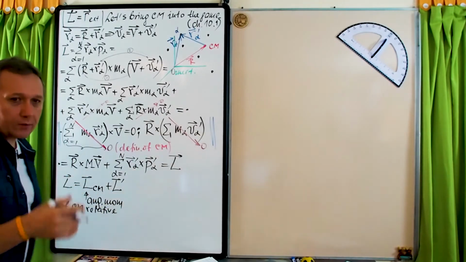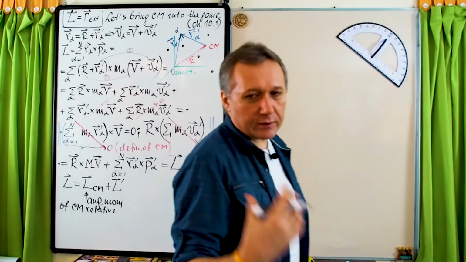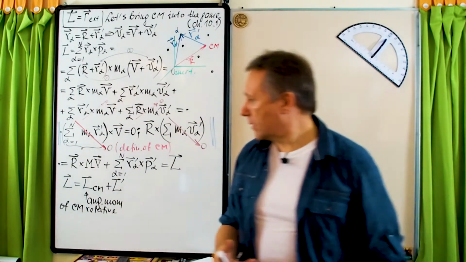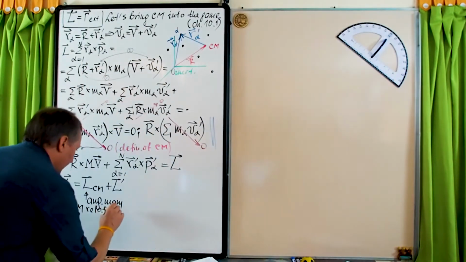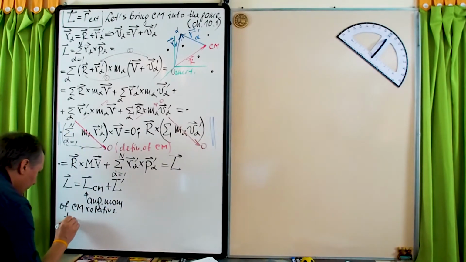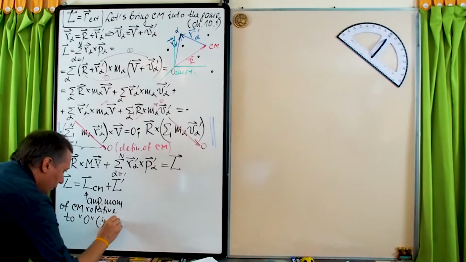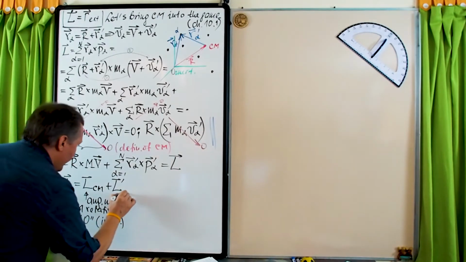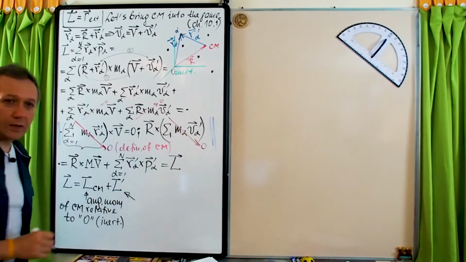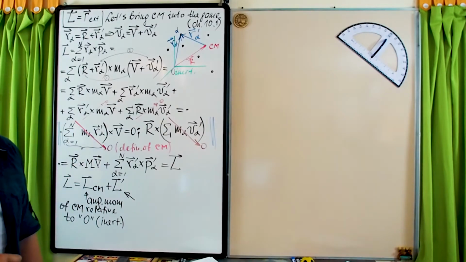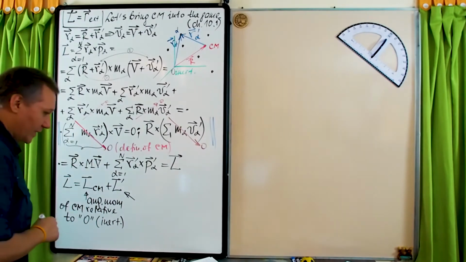Because whenever you write angular momentum, you have to say relative to what? Relative to our origin O, inertial reference frame. And L prime, angular momentum of the system relative to the center of mass, right?